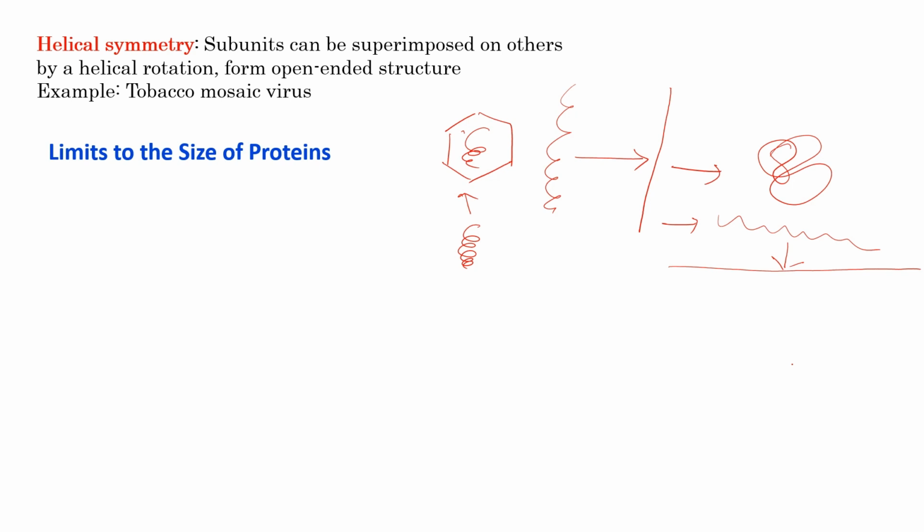Small size of nucleic acid means, for example, if this much gene is responsible for a polypeptide chain of approximately this length, then it is easy if it makes multiple copies of this polypeptide. That means a protein with multiple subunits, each subunit of small size but having multiple subunits.